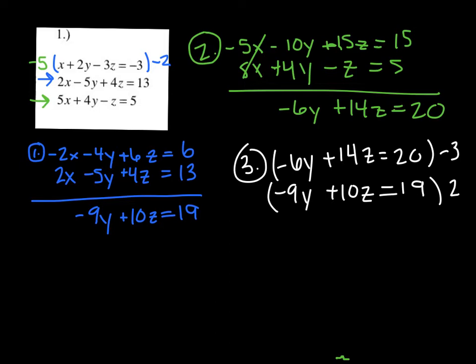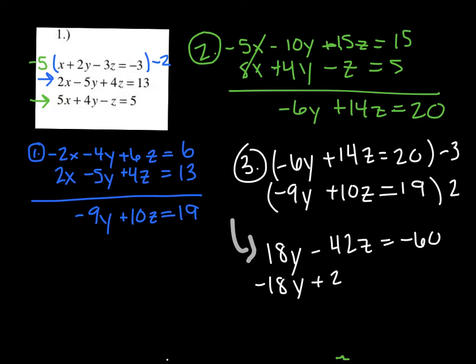So this will now be 18y minus 42z equals negative 60. And then negative 18y plus 20z equals 38.